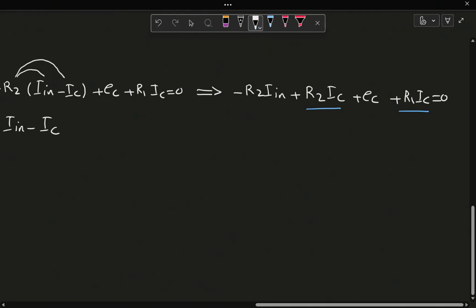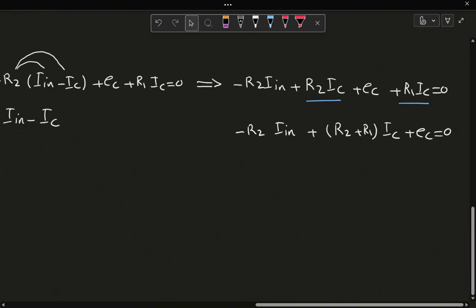Factoring it out, you have negative R2 IN plus (R2 plus R1) IC plus EC equals 0.